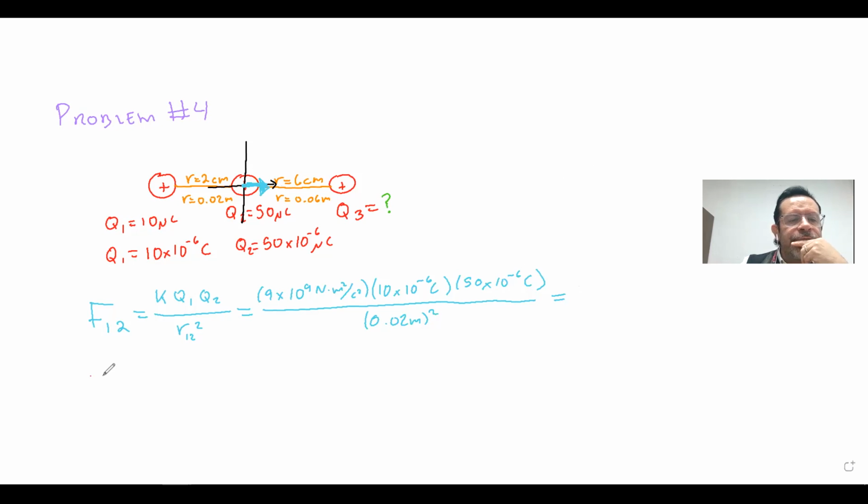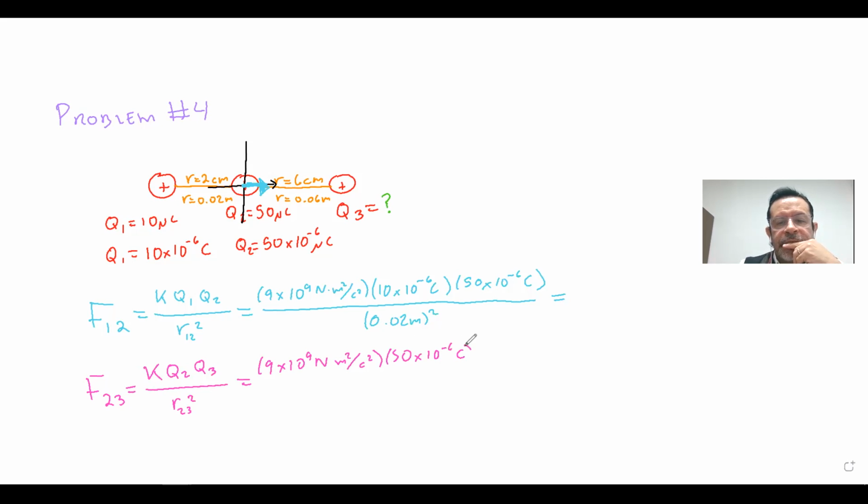And then there's going to be a force between 2 and 3. That force is going to be K Q2 Q3 divided by R23 squared. And this is going to be 9 times 10 to the 9 newton meters squared per coulomb squared multiplied by 50 times 10 to the minus 6 coulombs.